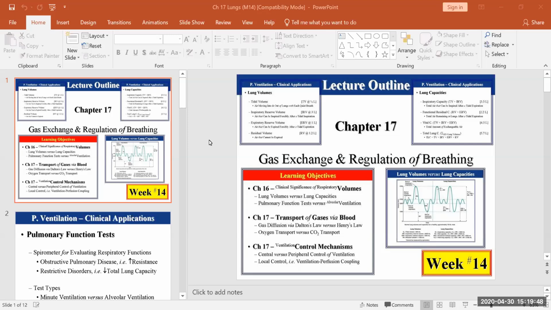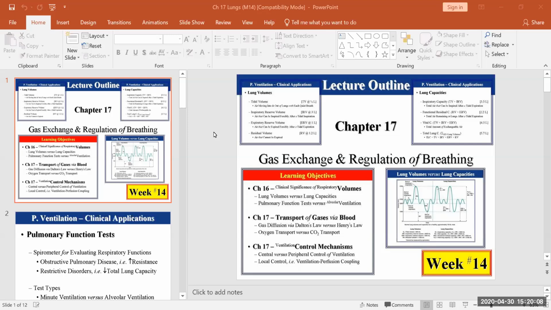Most of the lecture outline is on chapter 17, but we need to go back to chapter 16. So I will share with you, when we talk about chapter 16, as it's basically shown on your learning objective there.